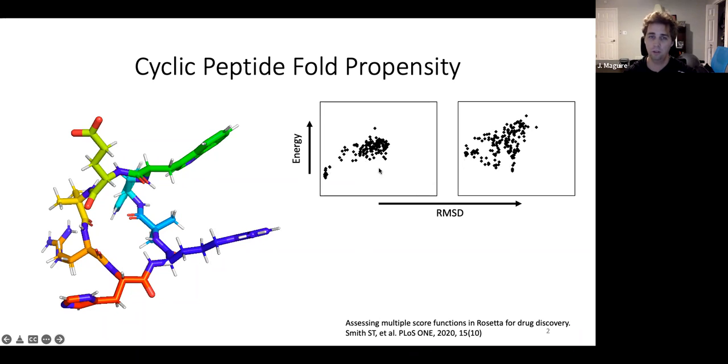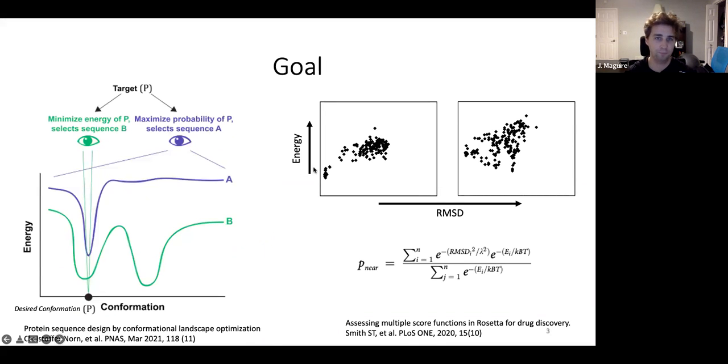Because here, as you deviate from your 0 RMSD state, there's actually a more stable conformation elsewhere. So in broad strokes, the question is, given this conformation, is there likely to be a more stable conformation for the same sequence? We'd really like that answer to be no, but it's also very important to be able to predict that.